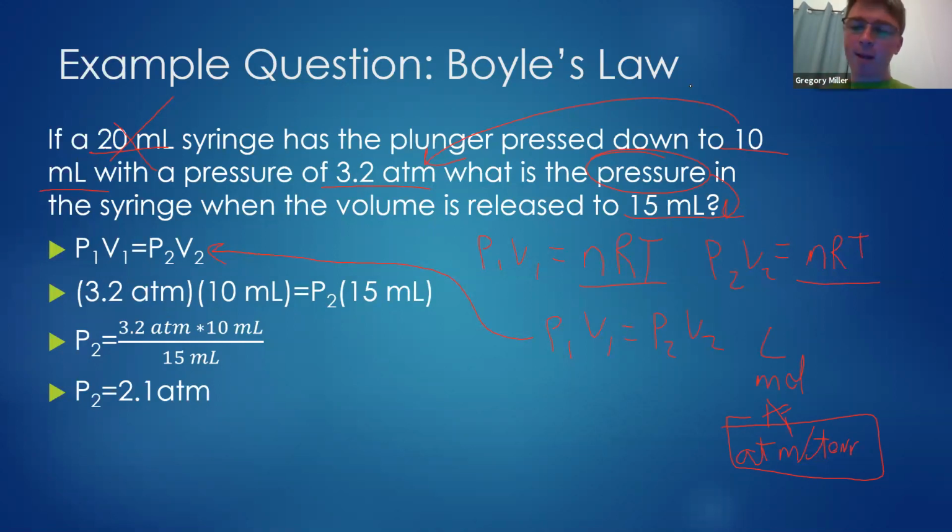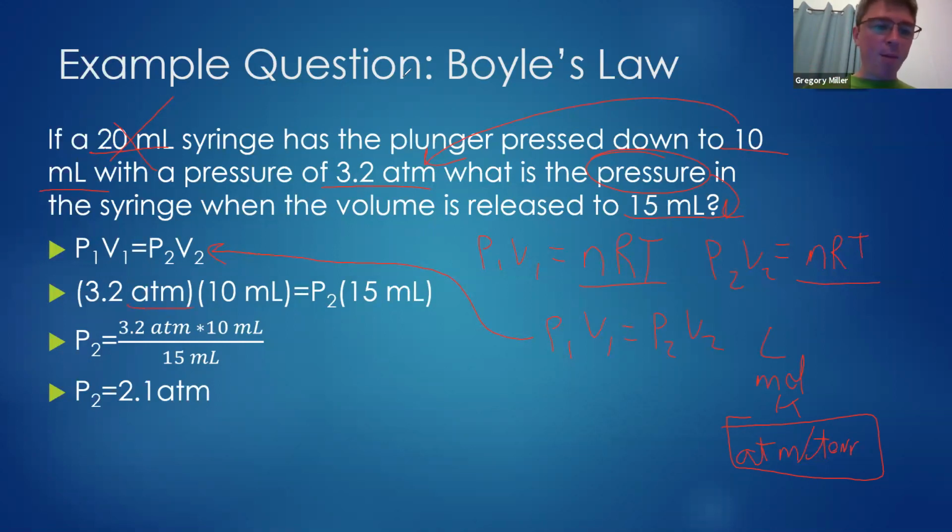That's always a good place to start. If you get really comfortable with doing these calculations, just like M1V1 equals M2V2, the units you plug in are the units you get out as long as everything matches. There's only one exception that I'll explain in a minute.